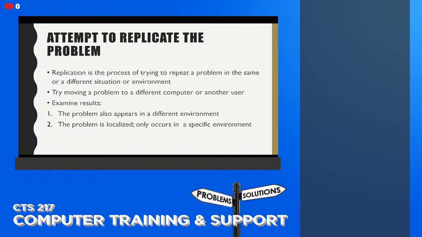Because that could point to issues with the drop or nodes immediately behind the drop instead of issues with the computer. And you could sit and try to fix the computer all day, but if the problem is behind, you would never figure that out and it would never work. Right? So you're trying to replicate the problem on the same environment and on different environments.